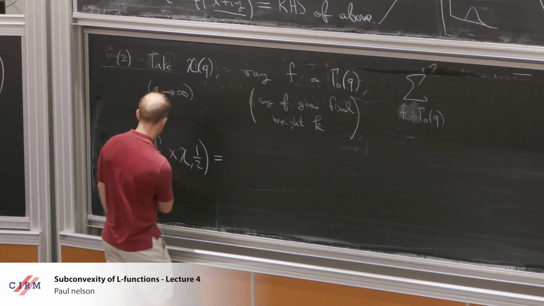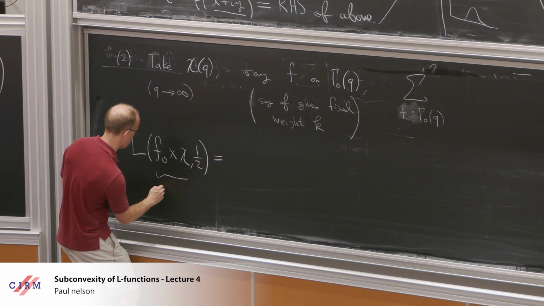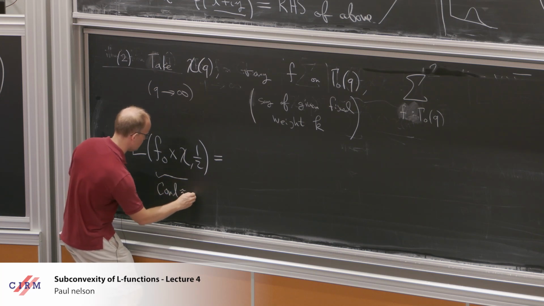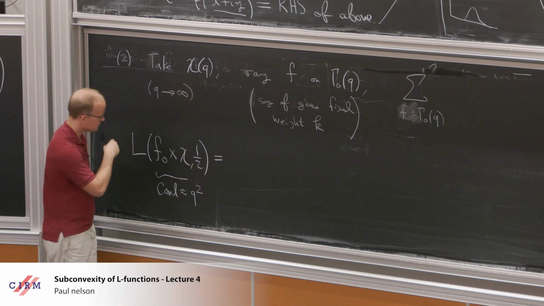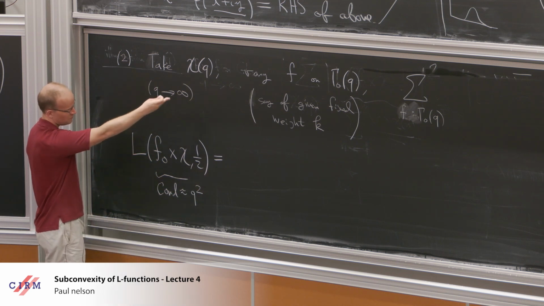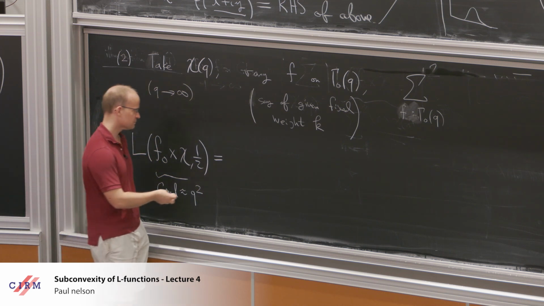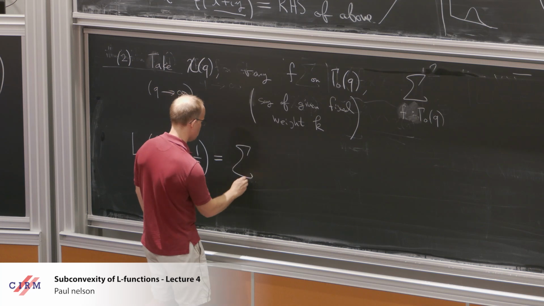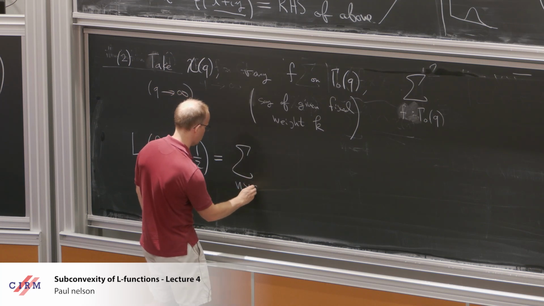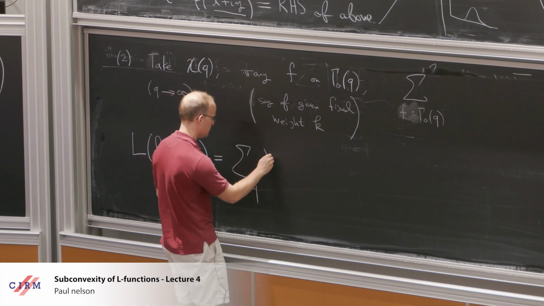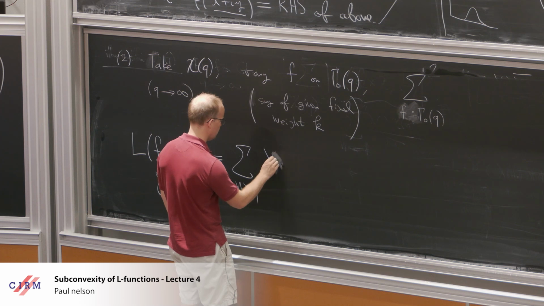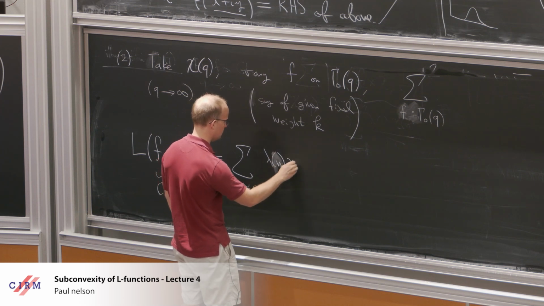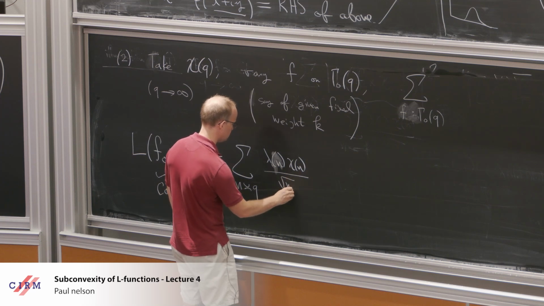So we should recall the conductor here is going to be comparable to q squared, provided that f is as above. And so this will be given by a sum over n of size roughly the square root of that, roughly q, of lambda of n, chi of n over square root of n.